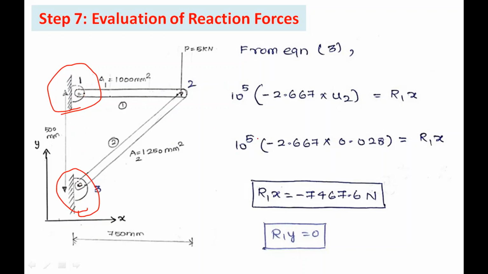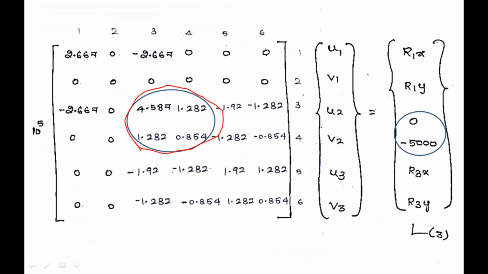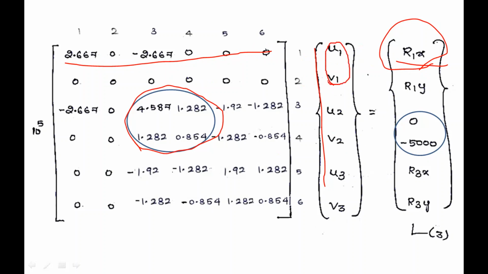For each reaction component, we have to refer the global characteristic equation. This is the global characteristic equation. In this, for evaluating R1x, we have to take the first row. This should be multiplied with the degrees of freedom and it will be equal to R1x. When you multiply, we know U1, V1 are 0, U3, V3 are 0.